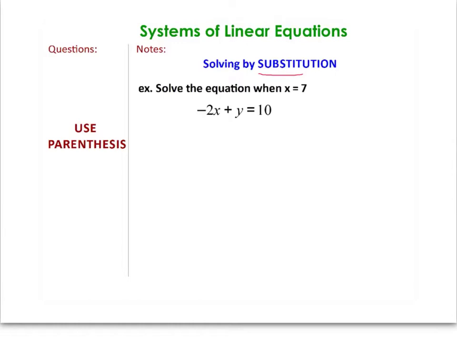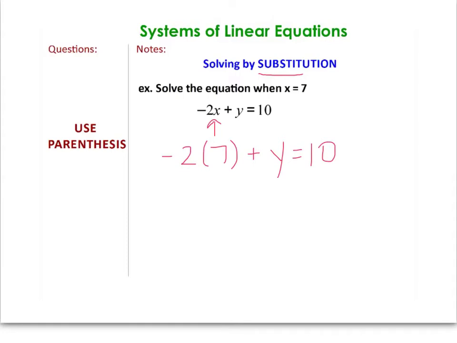We've seen this before. It says solve the equation when x equals 7. So anytime I see an x, I'm going to substitute in a 7. So I have negative 2 times 7 plus y equals 10.